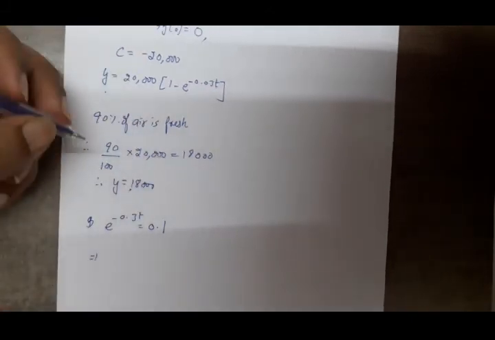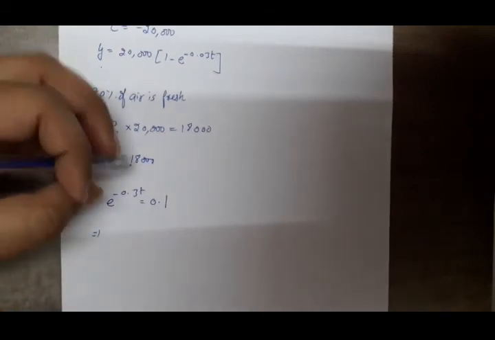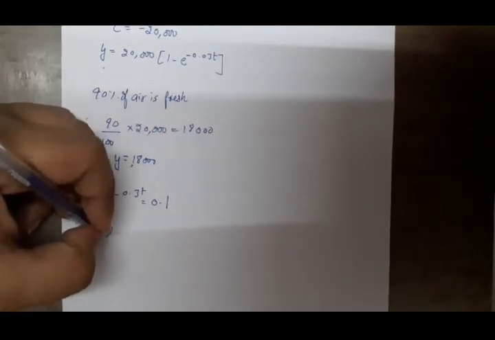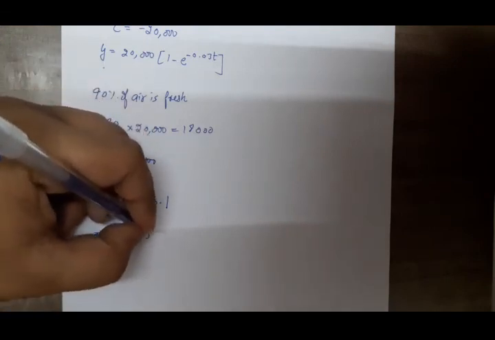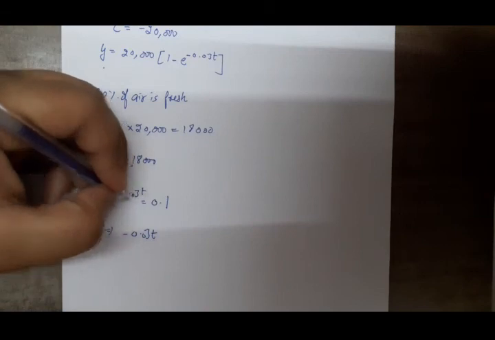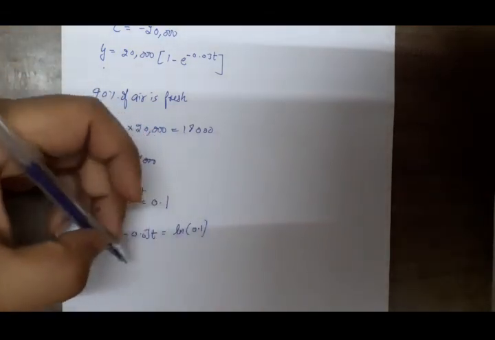Now to simplify it further, we need to find the value of t, which is pretty easy. We just take ln on both sides, so we get minus 0.03 t equals ln of 0.1.